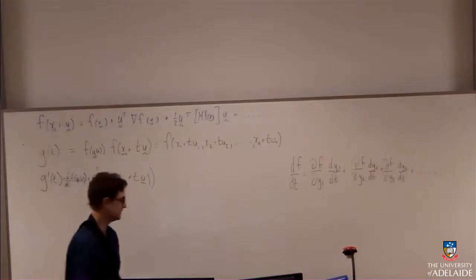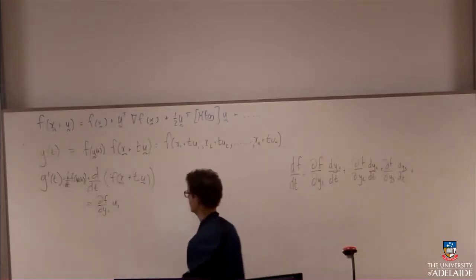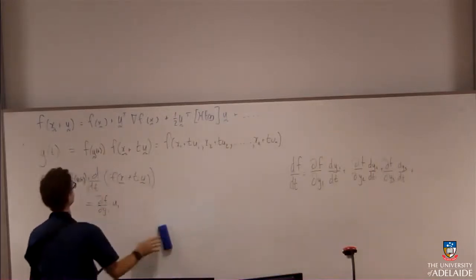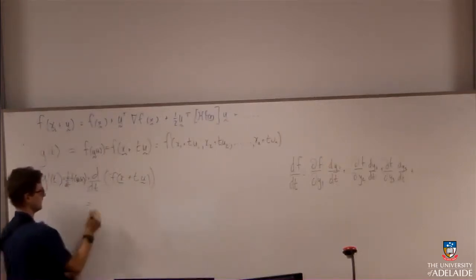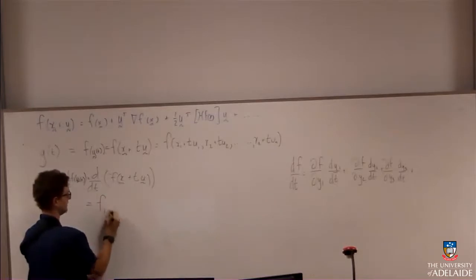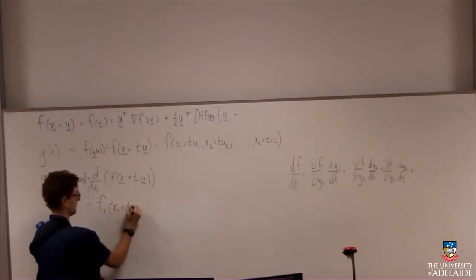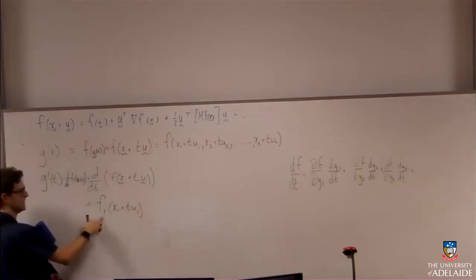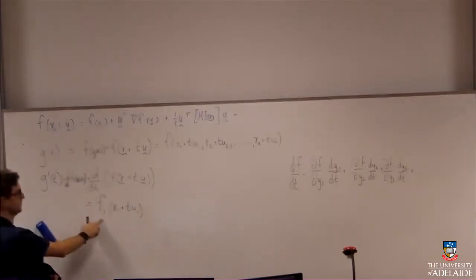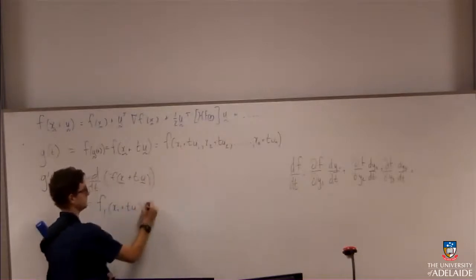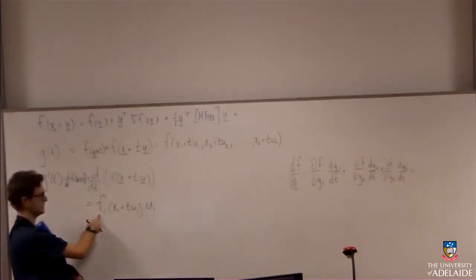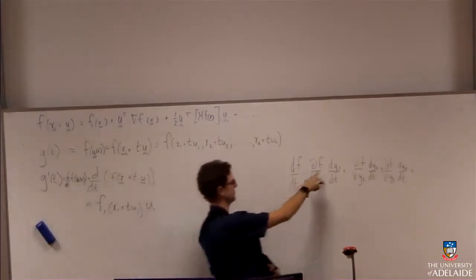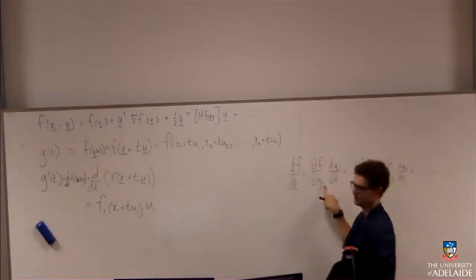There's a slightly better notation. I don't really love having to introduce this y here, so I'm going to write a shorthand for this bit. I'm going to write that partial derivative, the derivative of f with respect to its first component. That subscript 1 is a shorthand for the partial derivative of f with respect to its first component.